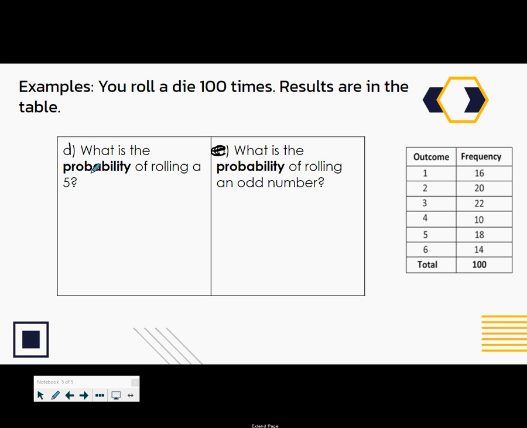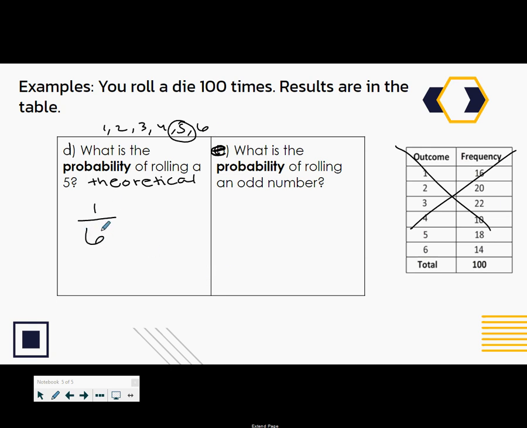So because of that, we do not use the table. If it doesn't ask for experimental probability or based on the data, we do not use the table. It's just thinking theoretical. So what is the probability of rolling a 5? Well, we're going to go back to our normal probability thinking. How many 5s are there on a dice? Only 1. So we'd say 1 out of 6 outcomes.